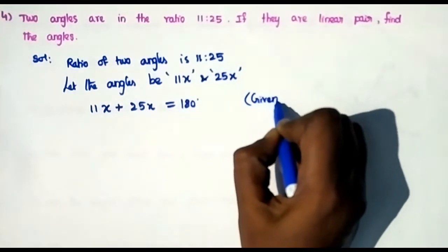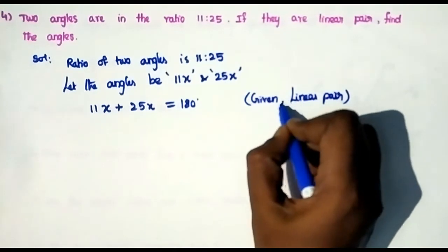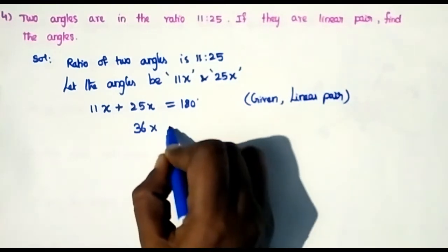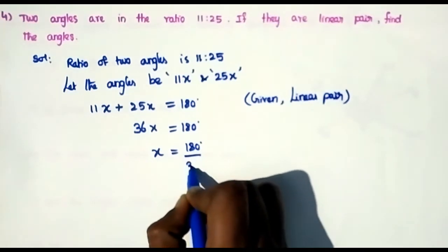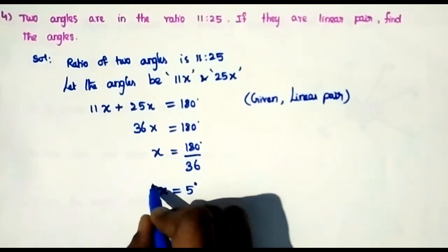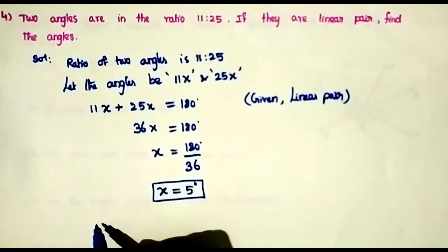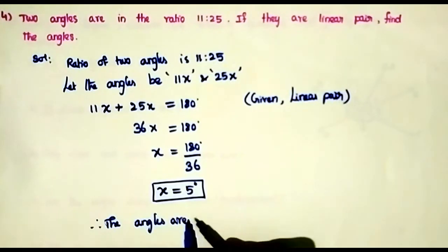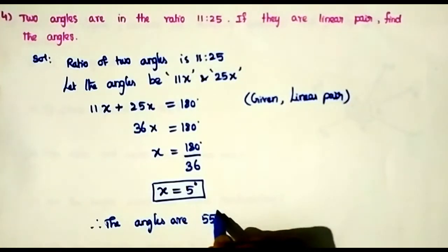Given linear pair. So 11x plus 25x 36x equal to 180 degree. So x equal to 180 degree divided by 36. Divide means we get 5 degree. That is the value of x. Now the angles are 11x, that is 11 into 5, 55 degree.